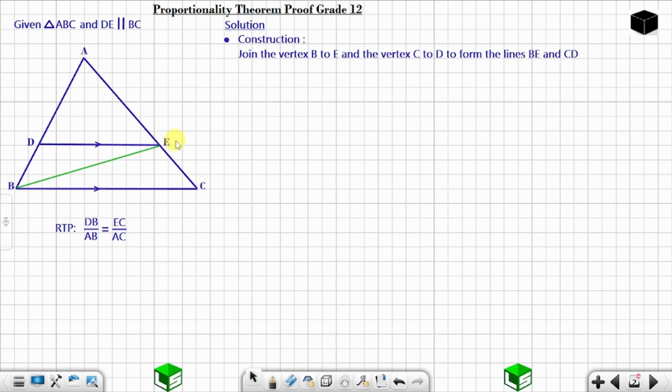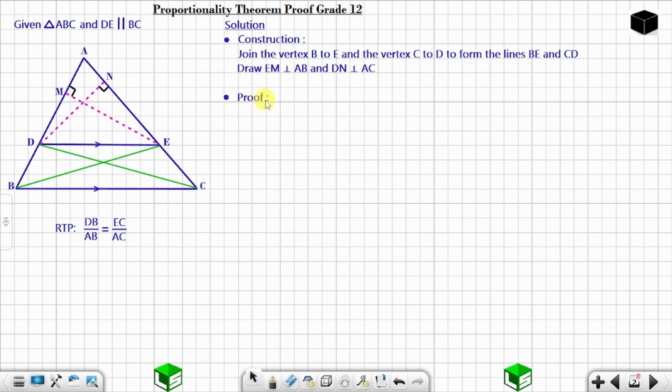You are going to draw EM perpendicular to AB and DN perpendicular to AC.